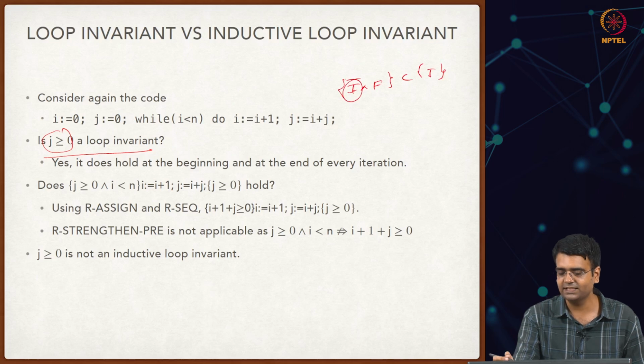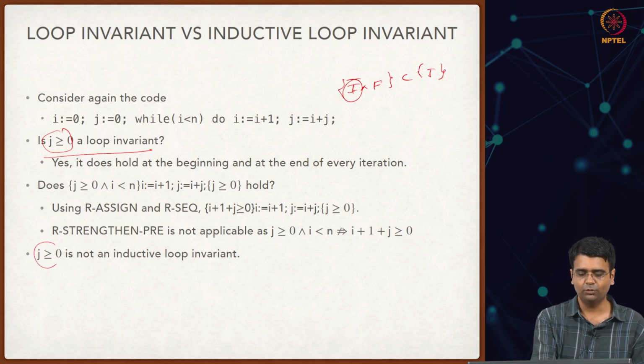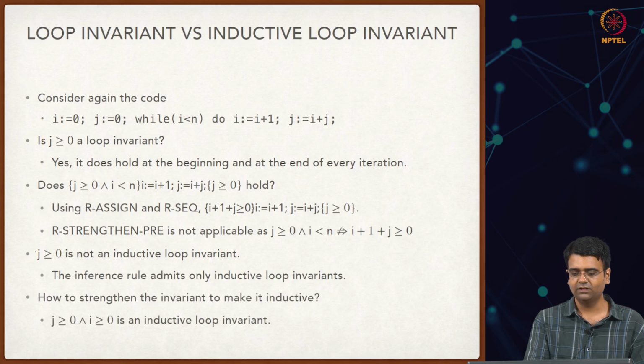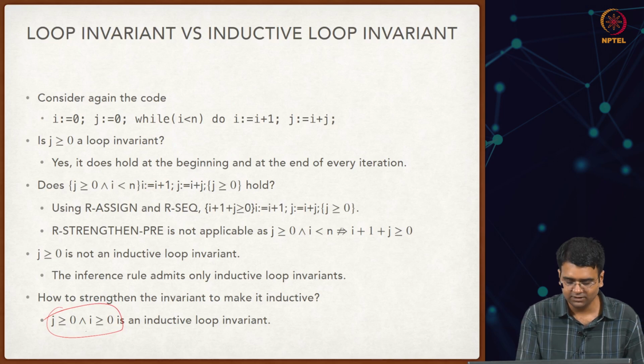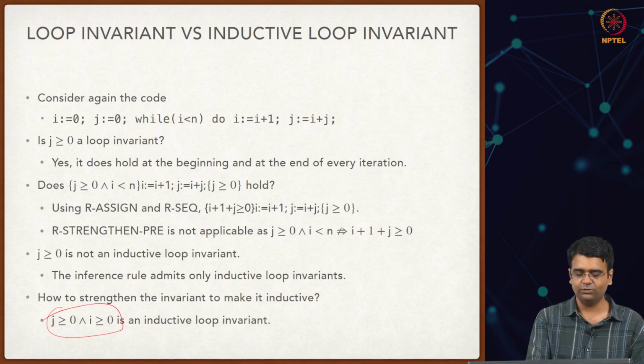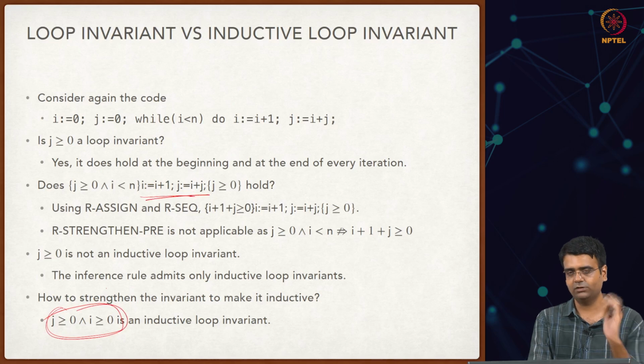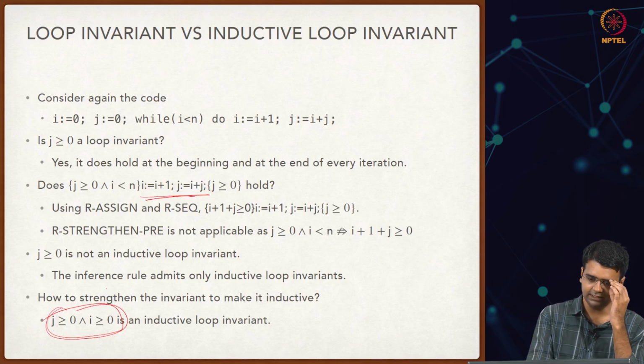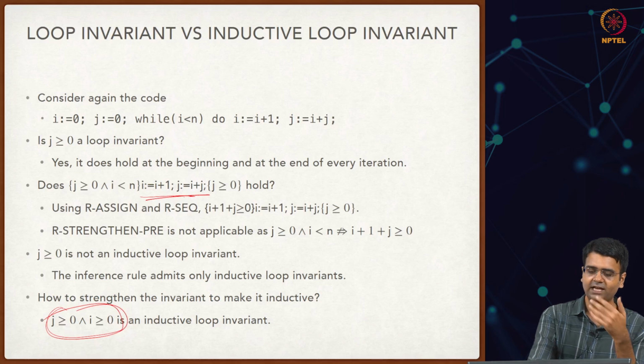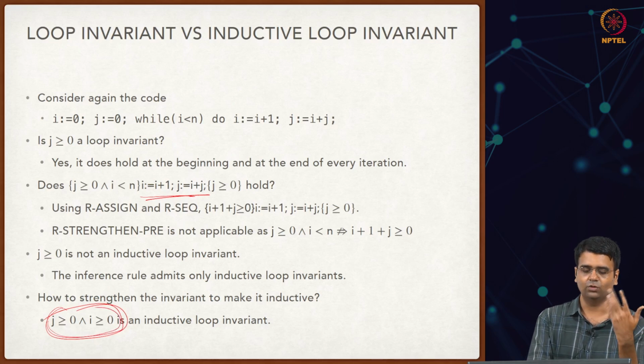So in this case I can strengthen my loop invariant. Instead of taking just j is greater than or equal to 0, I can take j is greater than or equal to 0 and i is greater than or equal to 0 as a loop invariant, and in fact this is an inductive loop invariant, in the sense that if you execute the body of the loop beginning from any state where this formula holds, then on executing the body of the loop you are guaranteed to end up in a state where it continues to hold, because you are only adding things to i and j.